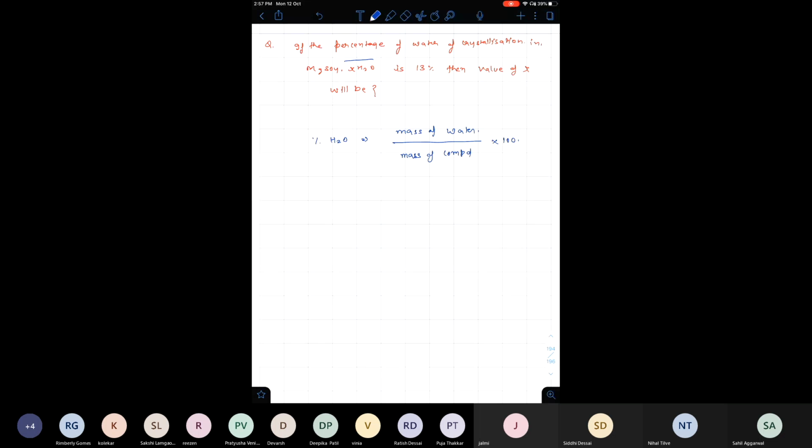How much water do we have? X times water, so it will be 18x, divided by the mass of MgSO4. Mg is 24, SO4 is 96. So 18x divided by 120 plus 18x into 100 is equal to 13.